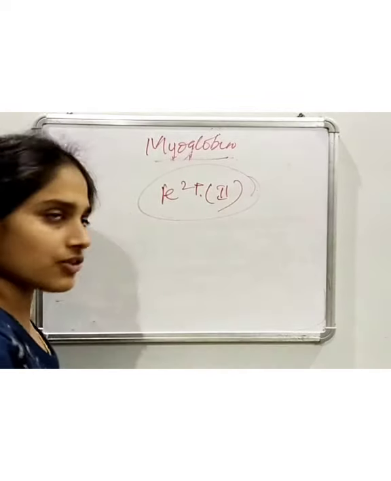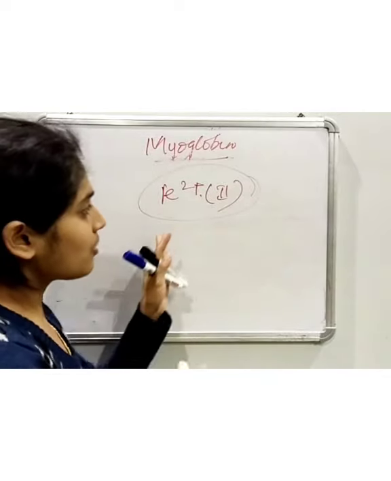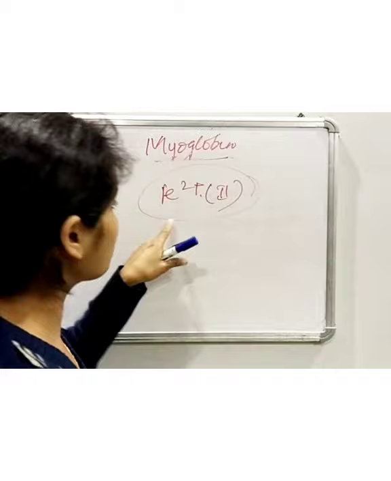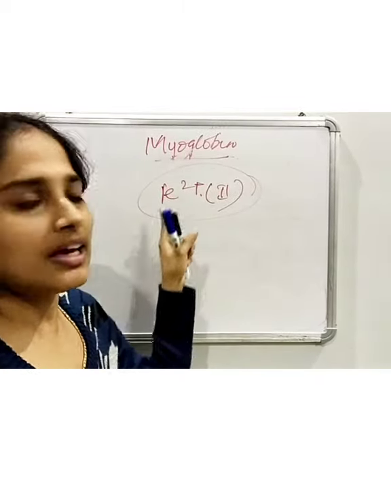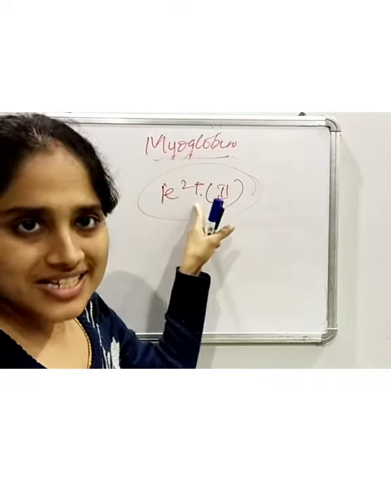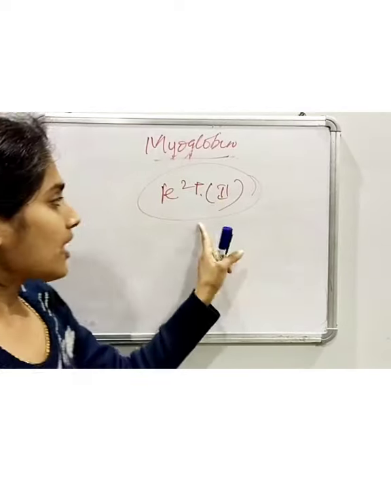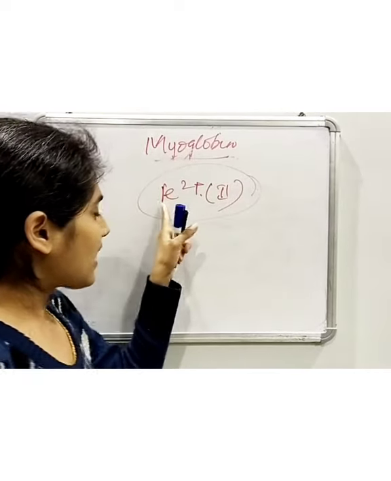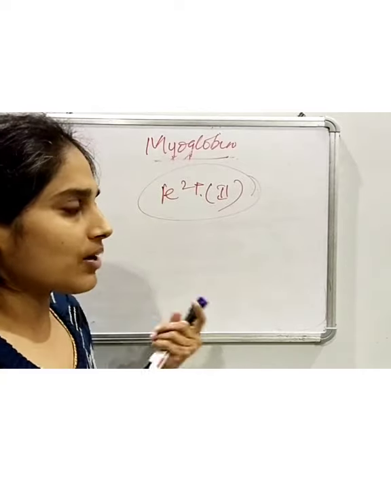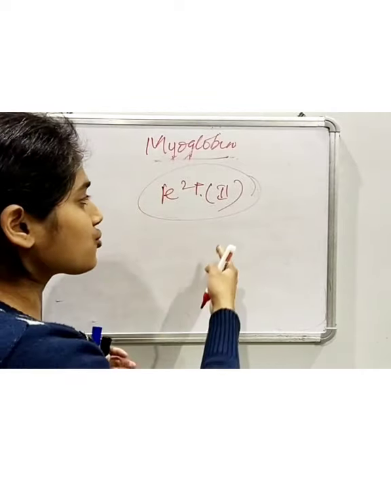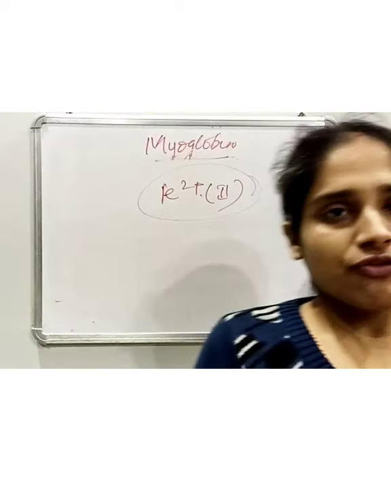This is the case in hemoglobin and also in myoglobin. So when the iron in the Fe2+ state attracts and binds oxygen, there occurs a conformational change.